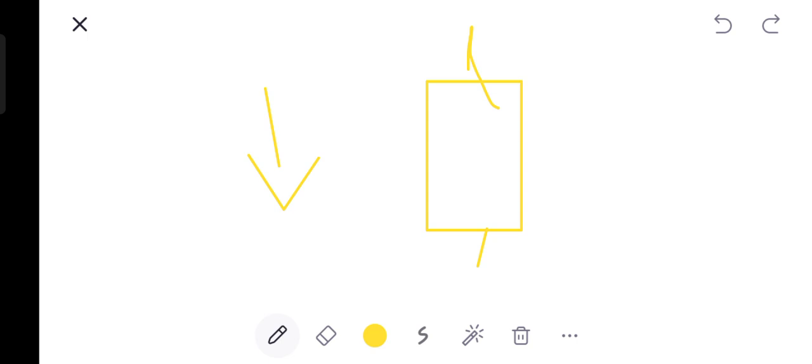So the question you might have is, how do you tell this is a buy candlestick or sell candlestick? How do you spot it?